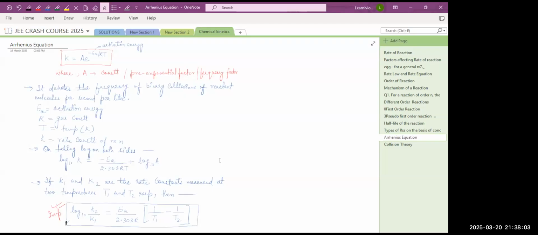This is important, the last equation. This formula can also be written as log k2 upon k1 equals Ea upon 2.303 R into T2 minus T1 upon T1 into T2.